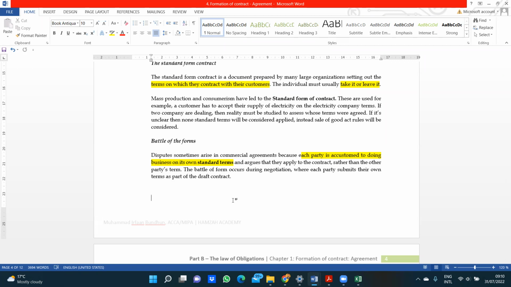So this is where the battle of forms occurs. For the supplier, it is its general policy that the client has to follow. But the client has some strategy, some cash flow planning, so he can't agree on this term. This is how disputes arise, because each party is accustomed to doing business on its own standard terms.